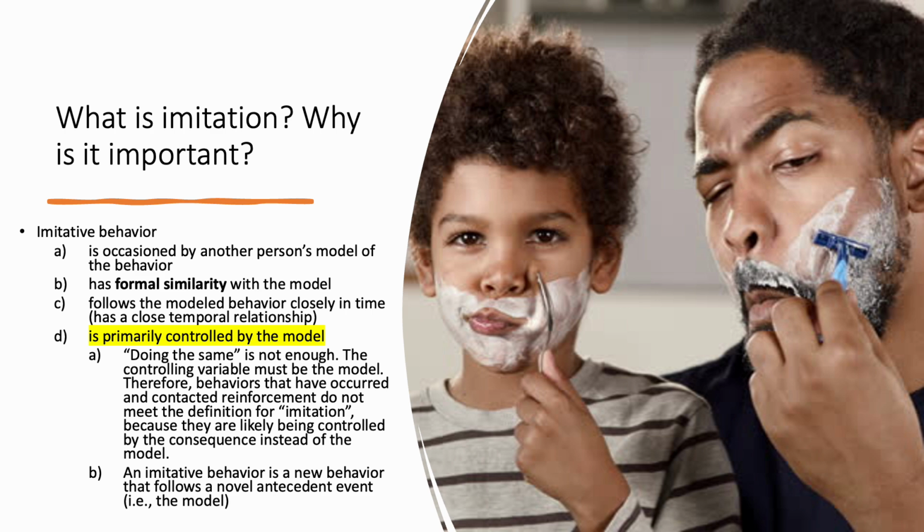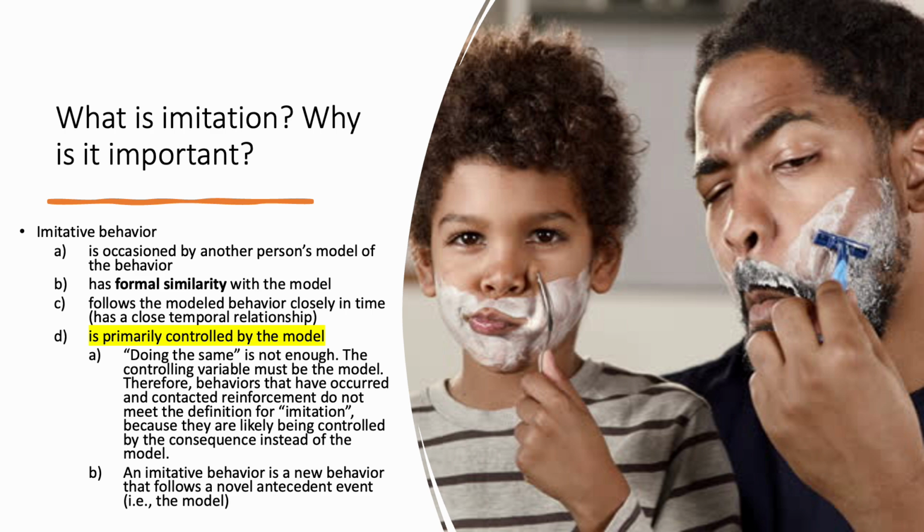What this means is this type of behavior that is primarily controlled by the model that has not come into contact with reinforcement is considered true imitation because it meets the four criteria that are set for something to qualify as imitative behavior, meaning that it's occasioned by a person's model, it has formal similarity with the model, it follows the same modality, and then it's primarily controlled by the model.